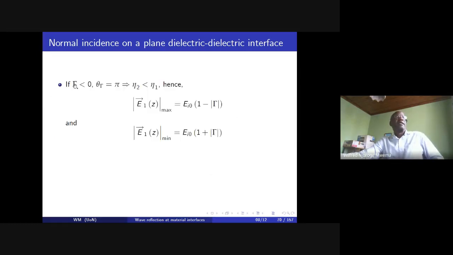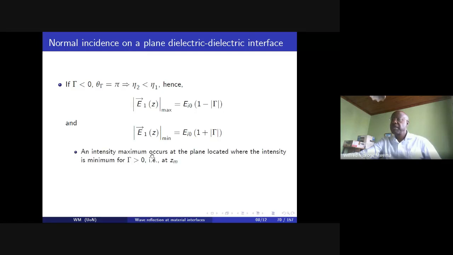So now, if we look at the other case where gamma is less than 0, then theta gamma can be taken to be equal to pi. And this means that eta2 must be less than eta1. And therefore we expect that the maximum will be 1 minus the modulus of gamma, and the minimum is going to be 1 plus the modulus of gamma there.